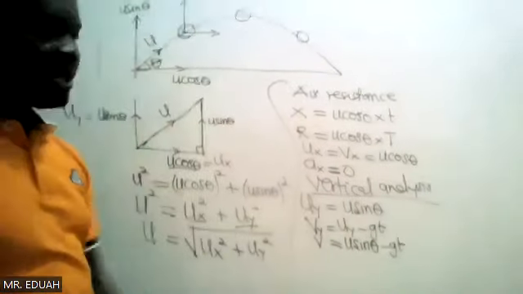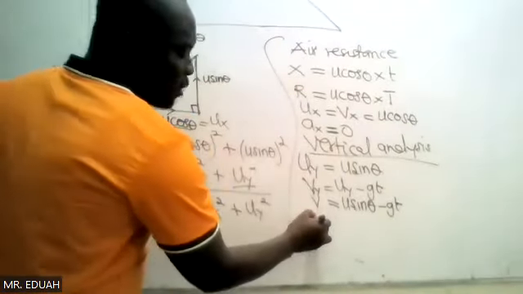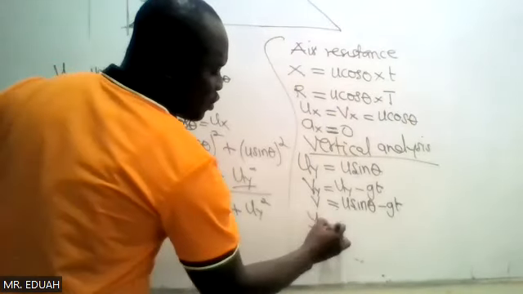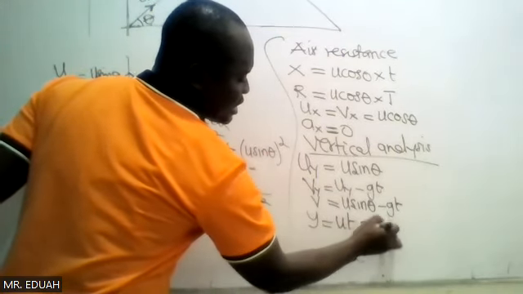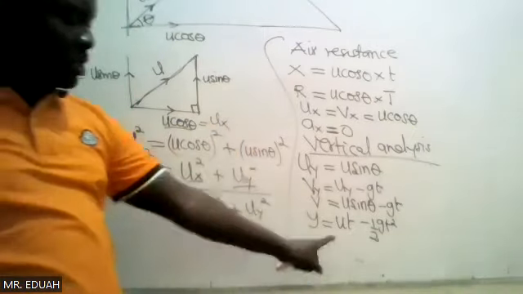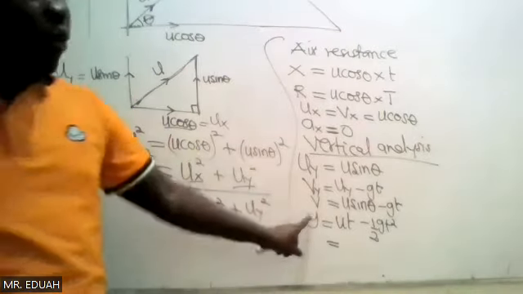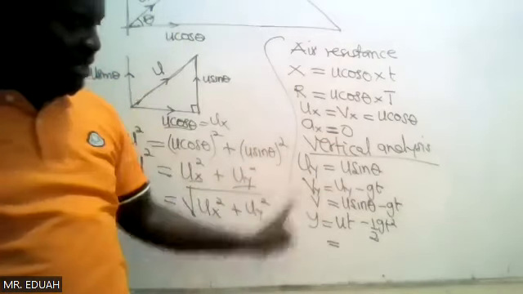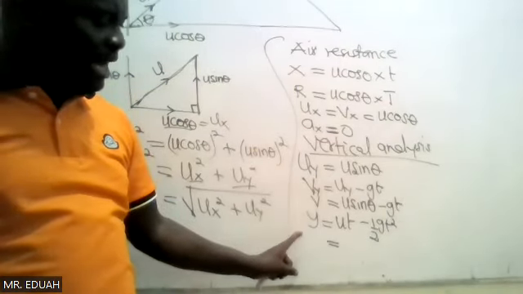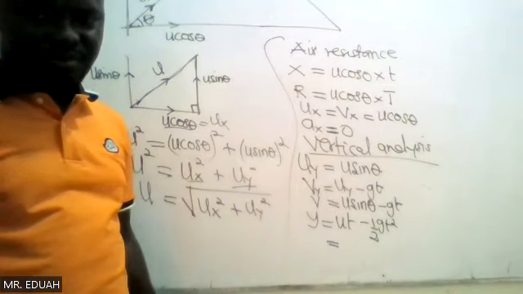Okay, before then, let's derive an expression for the vertical displacement. The vertical displacement is obtained using equation 2: y is equal to ut minus half gt squared. Substitute the initial vertical velocity. You see, once it's a y, it should tell you this is about vertical. If it's h, h is height, the value is the same.